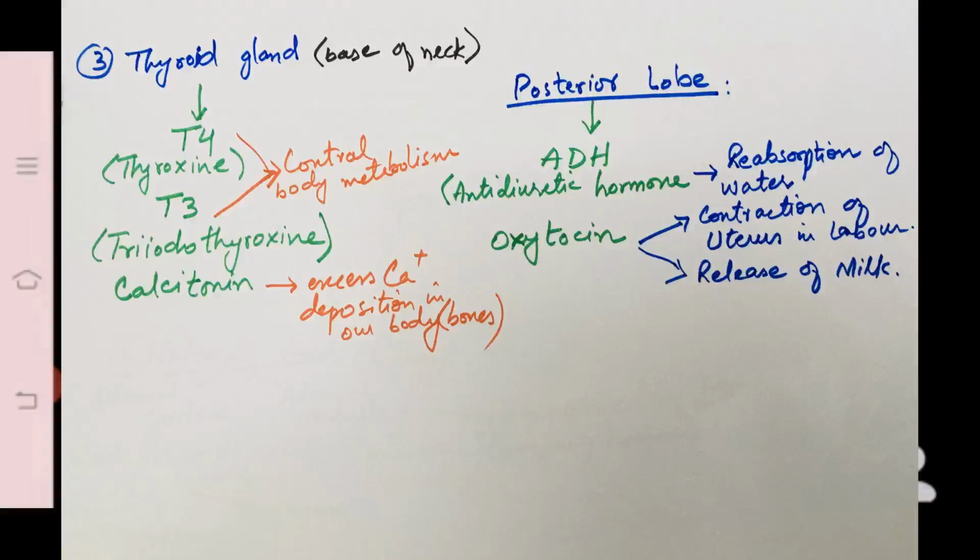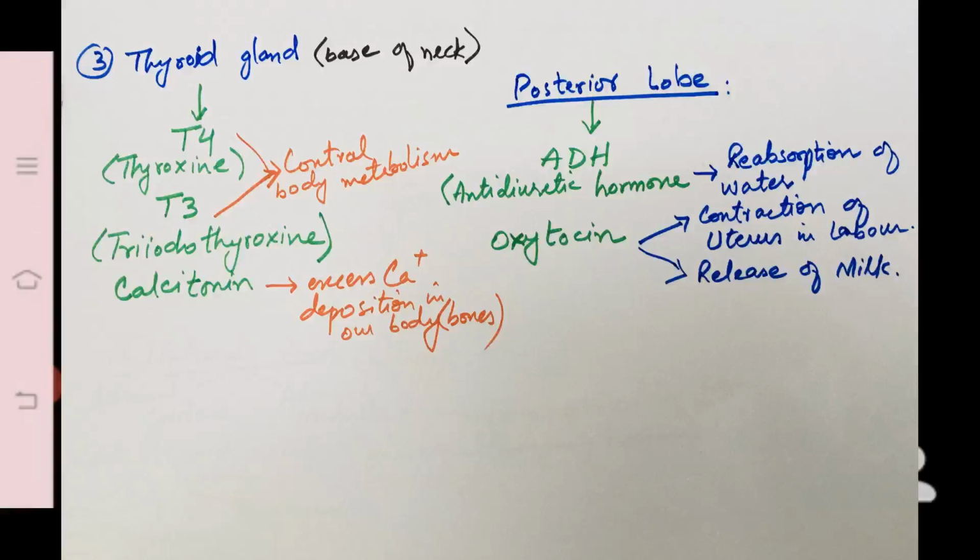In addition to this, there is another hormone, calcitonin. T4 and T3, these two secretions, control our body's metabolism.